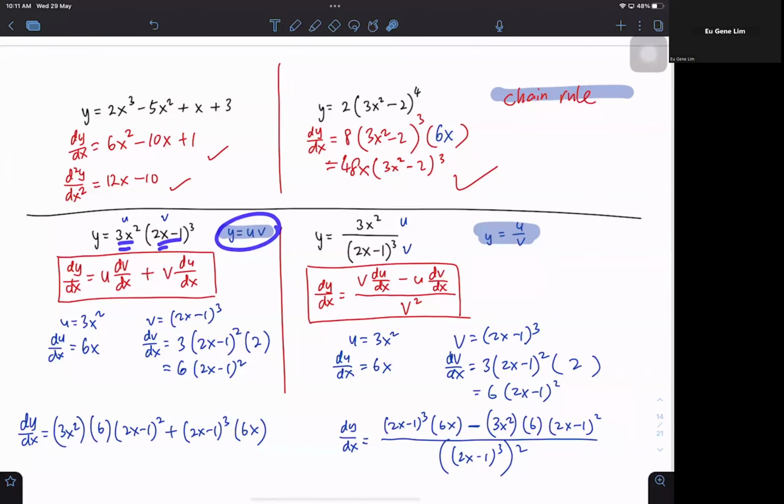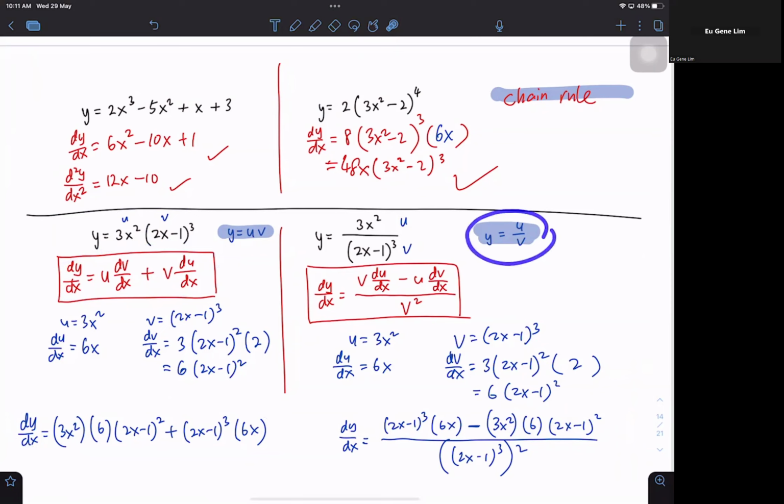You must do UV. Understand? So left hand side is U, right hand side is V. Then you find du dx and then you find dv dx. Then you do the formula. Okay, good.